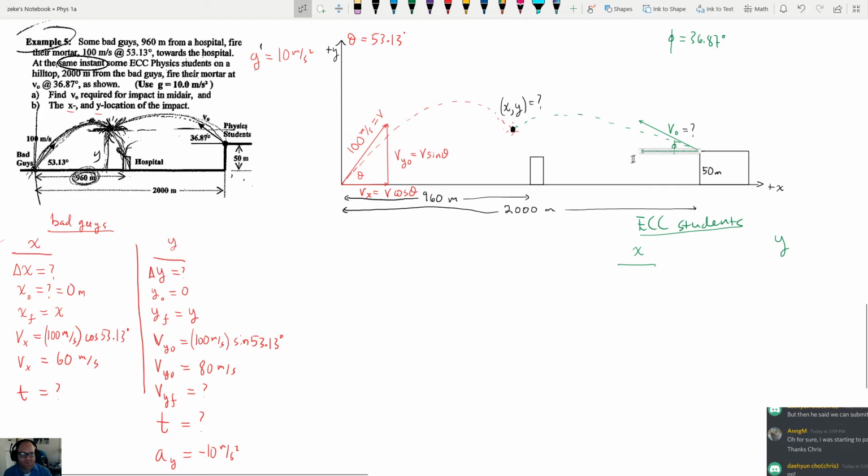So the X component goes back like this. And the Y component points upwards like this. And we'll know that this side over here is going to be equal to v initial times the cosine of phi. And this side over here is going to be v initial times the sine of phi.